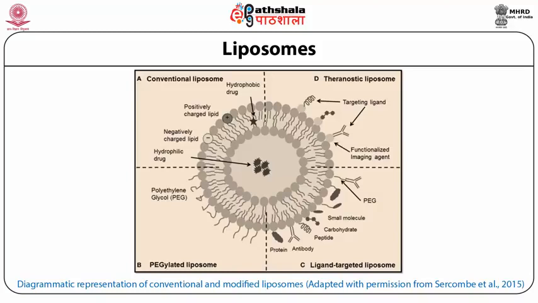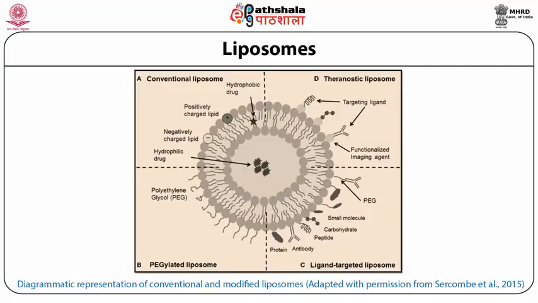So you can entrap both types of drugs in the liposomes: the hydrophobic drug into the lipid bilayer which has a hydrophobic or lipophilic nature, and the hydrophilic drugs which have hydrophilic properties into the center of the liposome. Further, you can also use positively charged or negatively charged lipid in the conventional liposome. On the lower left side, you can see the pegylated liposomes.